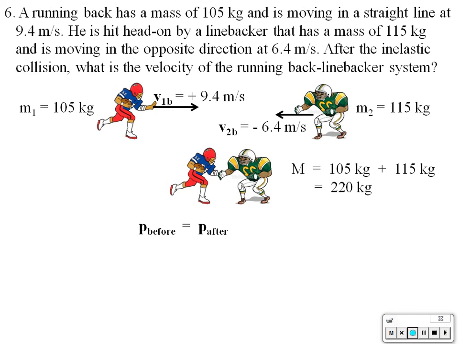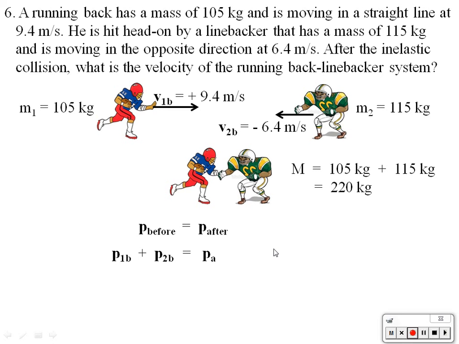Now, before the collision, we have both guys moving, right? So this guy's moving, this guy's moving. And then the momentum after the collision is their combined masses. Now, if you want to stop and find out the individual numbers and plug these in to find the momentum, do it that way. Fine.